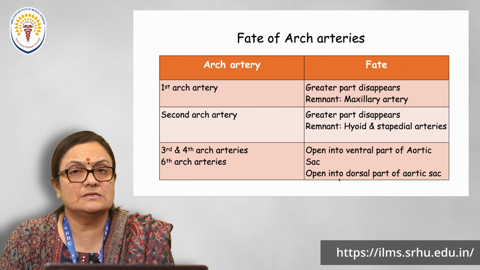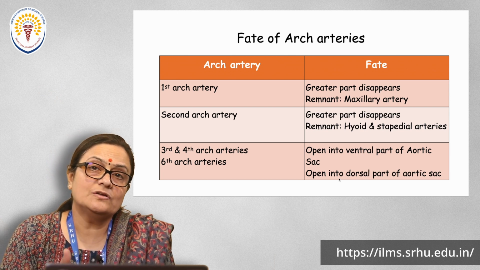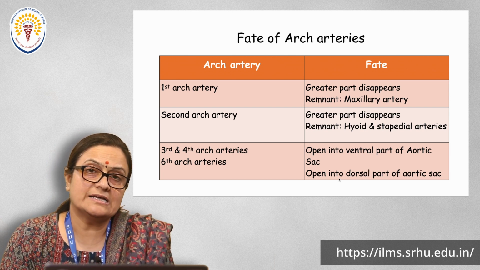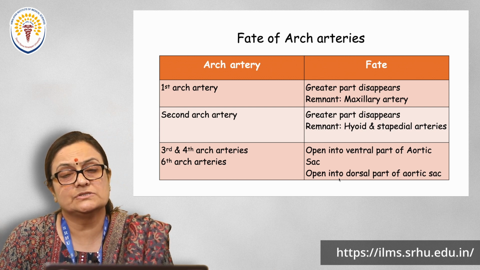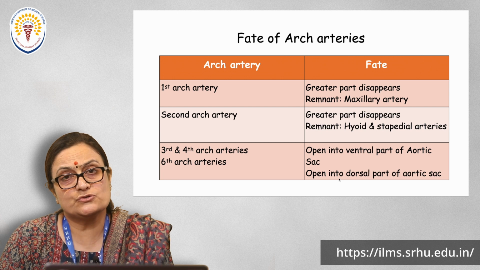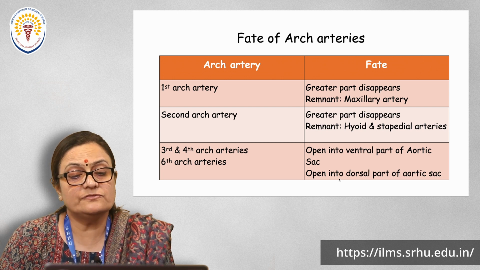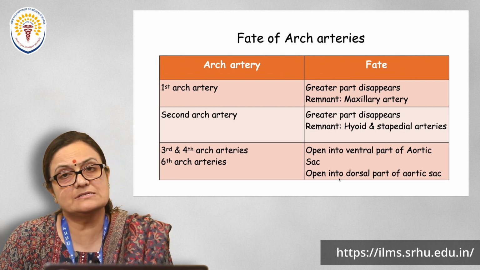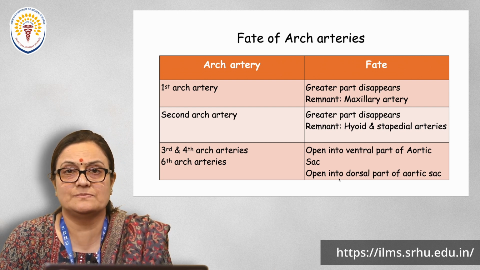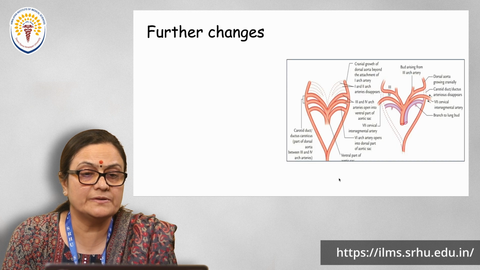So the septum forming in the heart tube will go up and will also divide the aortic sac into two parts, the ventral part and the dorsal part. So now the aortic sac has two parts in it. The third and the fourth arch arteries will open into the ventral part and the sixth arch artery will open into the dorsal part. I think this must be clear by now.